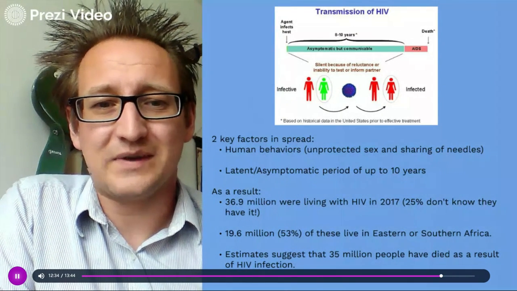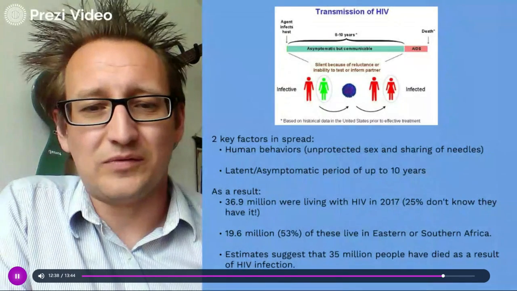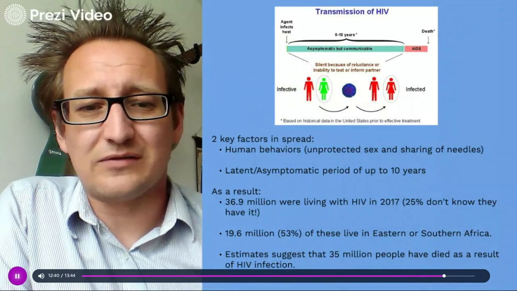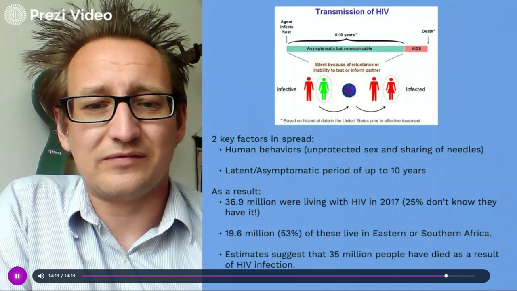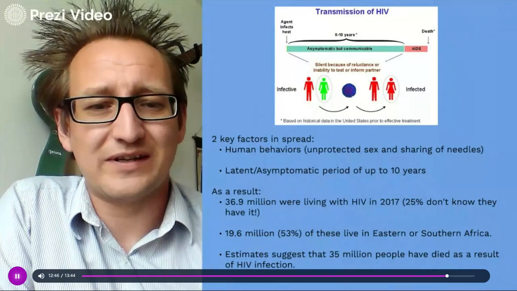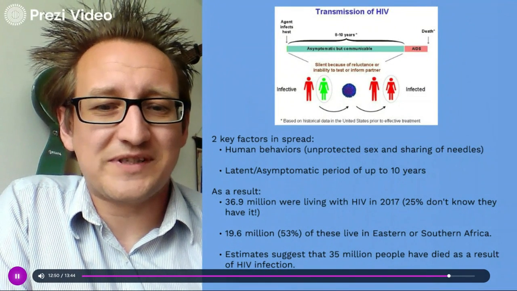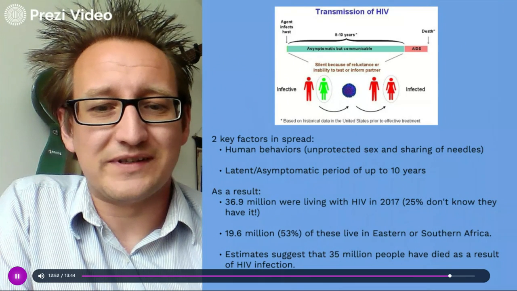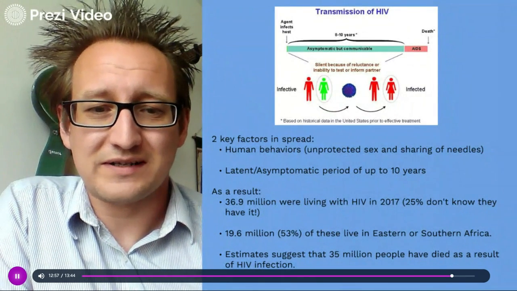This is where the patient doesn't have any symptoms, they don't know they're infected, and they will continue with their behaviours. As a result, there are millions of people living with HIV, so 36.9 million people living with HIV in 2017. Estimates suggest that about 25% of them don't know they've got the disease. So you imagine how much of an impact that has on the spread.